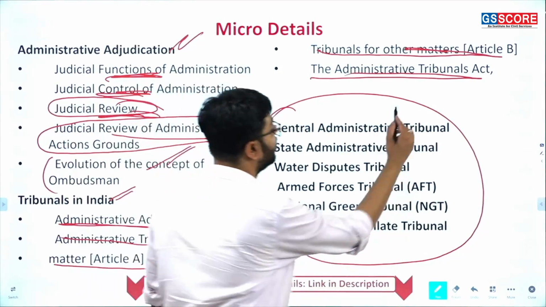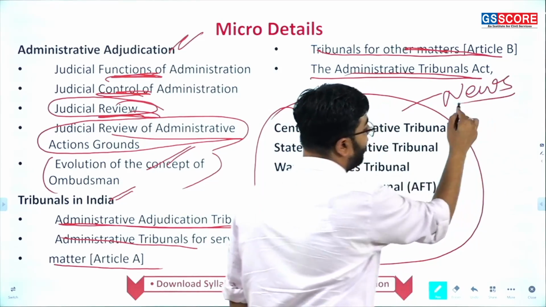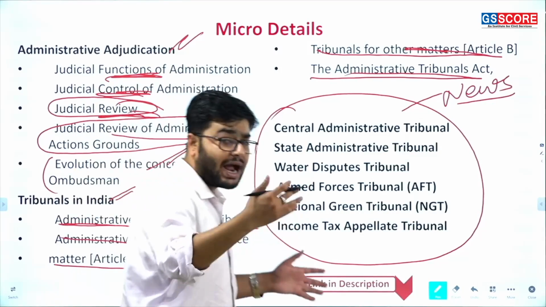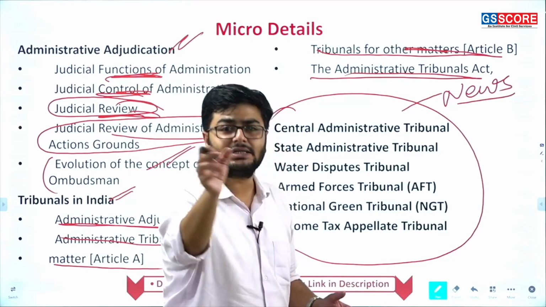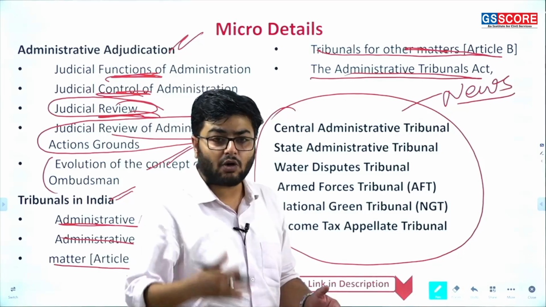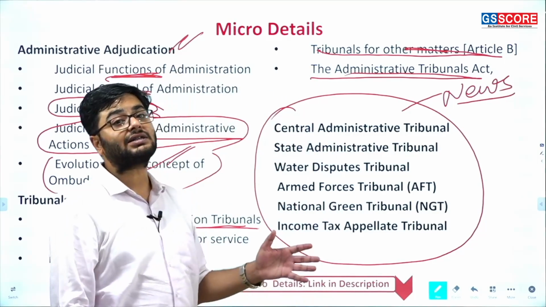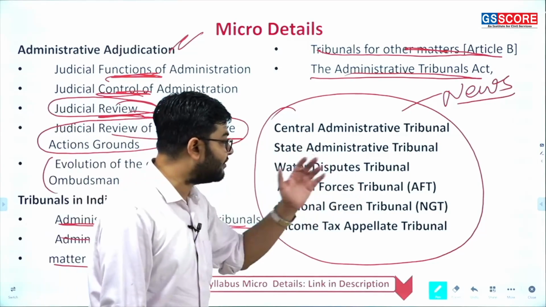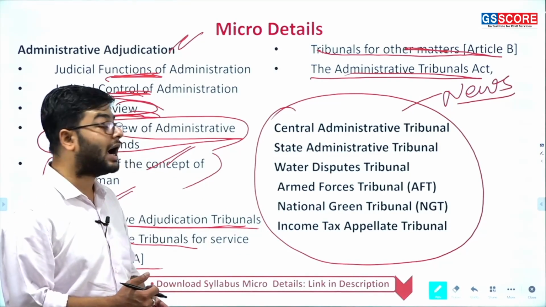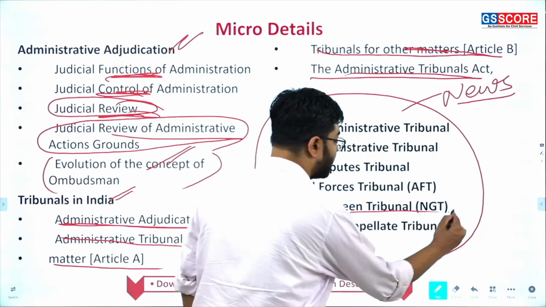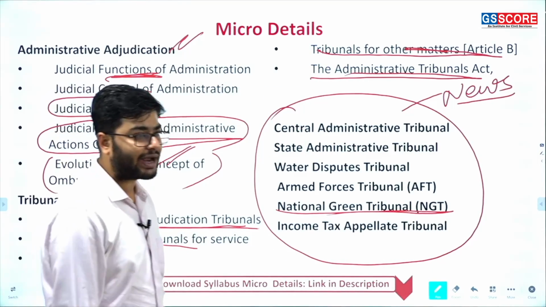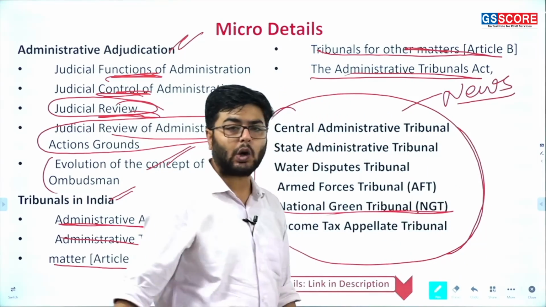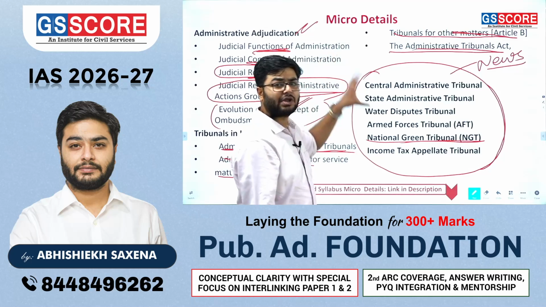Of course, you will have to look at the tribunals in news, but to explain these concepts, the tribunalization and the coming up of more tribunals, reasons for coming up of tribunals, how do they operate, these tribunals can act as a good sample. The Central Administrative Tribunal, State Administrative Tribunal, Water Dispute Tribunal, Armed Forces Tribunal, NGT, National Green Tribunal, Income Tax Appellate Tribunal. Of course, this list is not exhaustive, but a sample list to look at and explain and link with the concept of tribunals.